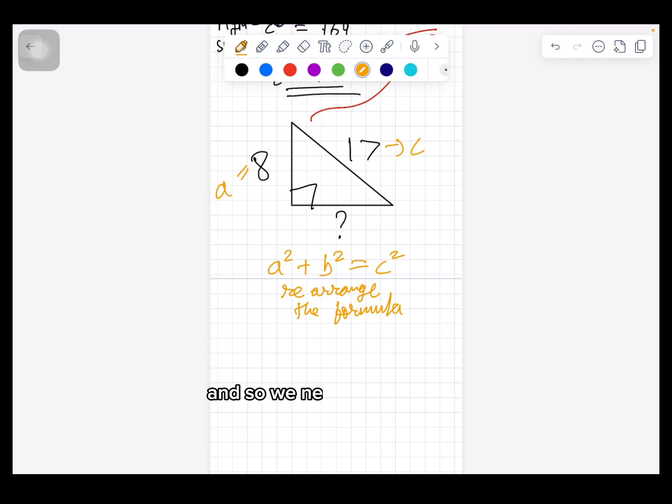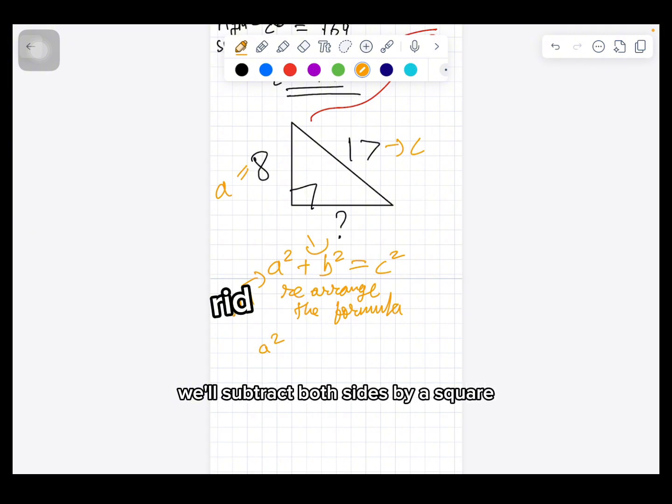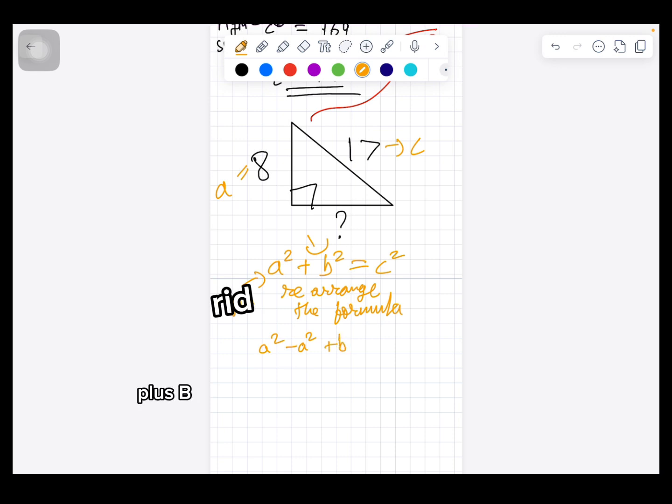We need to solve for B. We don't have B. Because of A squared, we need to get rid of this A, so we'll subtract both sides by A squared. So A squared minus A squared plus B squared equals C squared minus A squared.